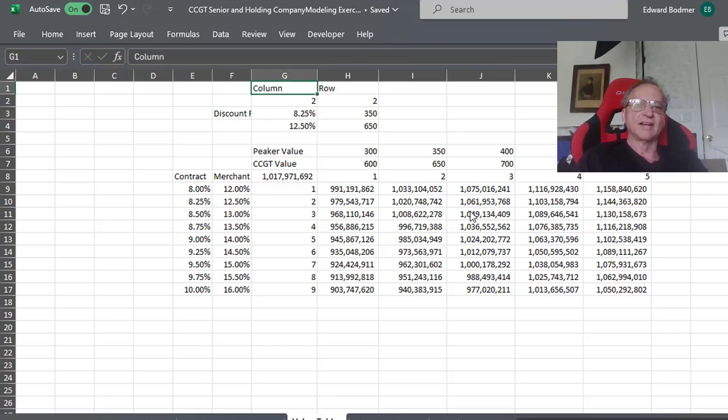How about this? I'm going to move this over. Oh, I can do this because I'm relaxed now. Okay, Control D, and then this one, which is the row variable. This is the peaker residual, and this is the CCGT residual.